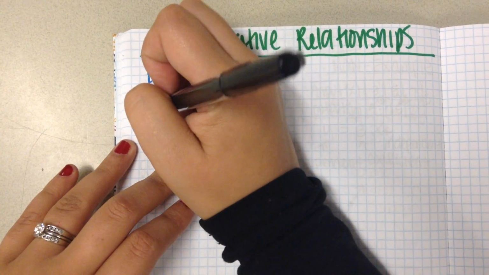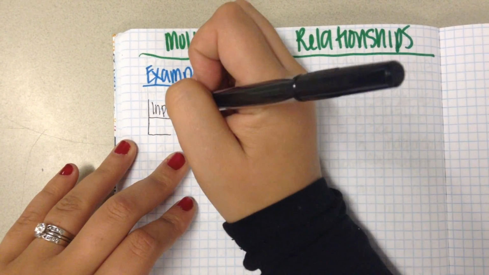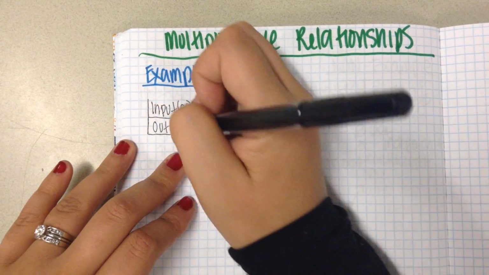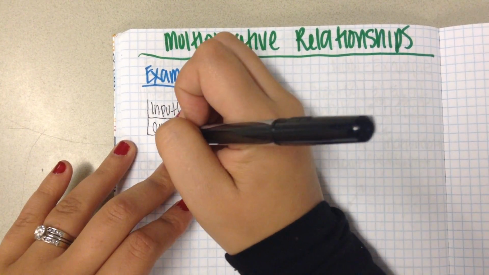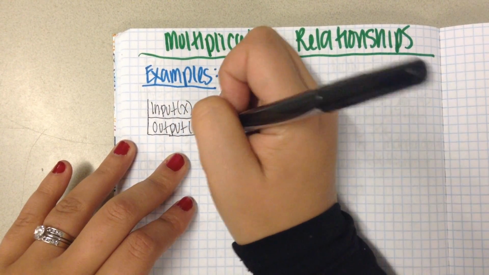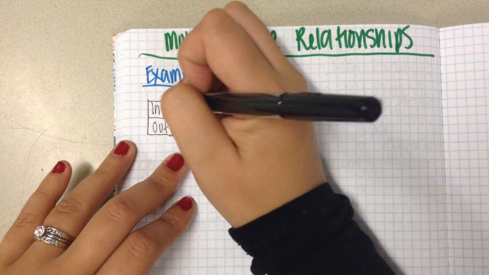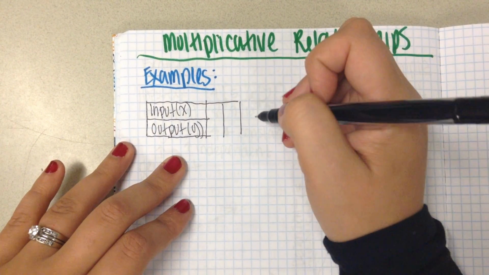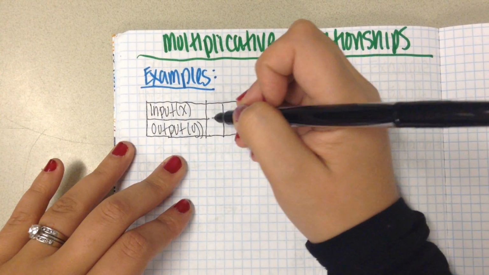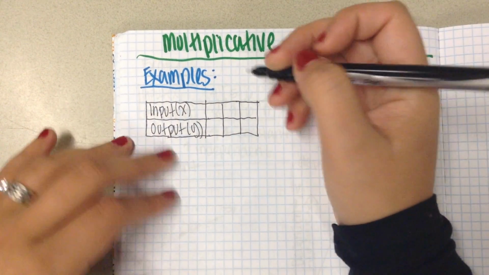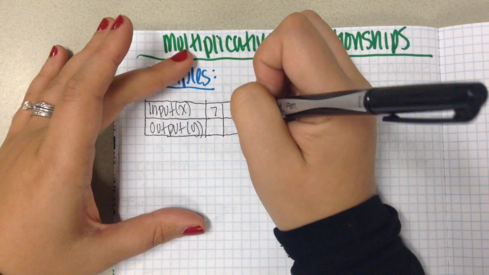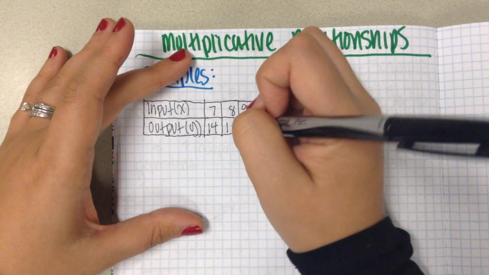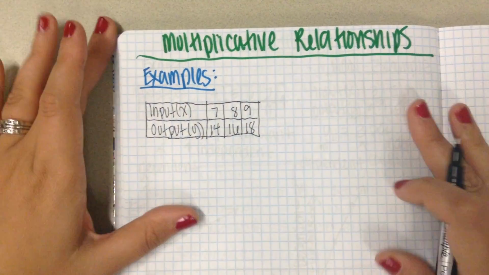We have our input, which is our independent variable. This is x. And we have our output, which is our dependent variable, and this is y. So we have 7, 8, 9, and we have 14, 16, 18.